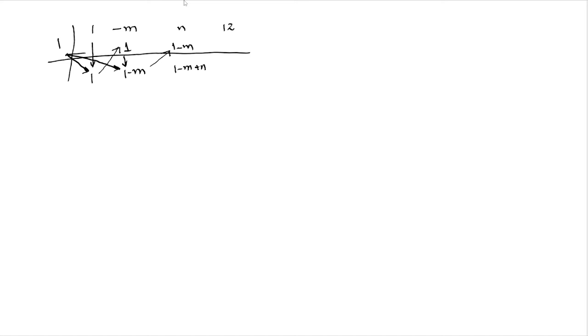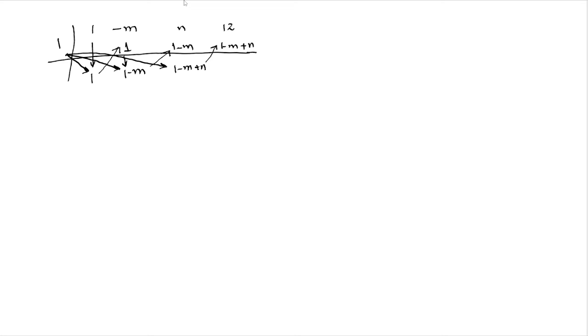Now we will multiply 1 minus m plus n with the value of x, and the result will be written under the constant term. So 1 multiplied with 1 is 1, minus m multiplied with 1 is minus m, n multiplied with 1 is n.